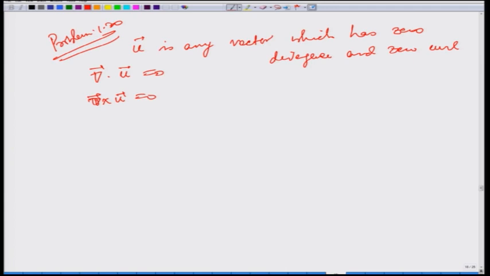Let us say U is Ux i cap plus Uy j cap plus Uz k cap, and divergence of U being 0 means del Ux by del x plus del Uy by del y plus del Uz by del z is 0.